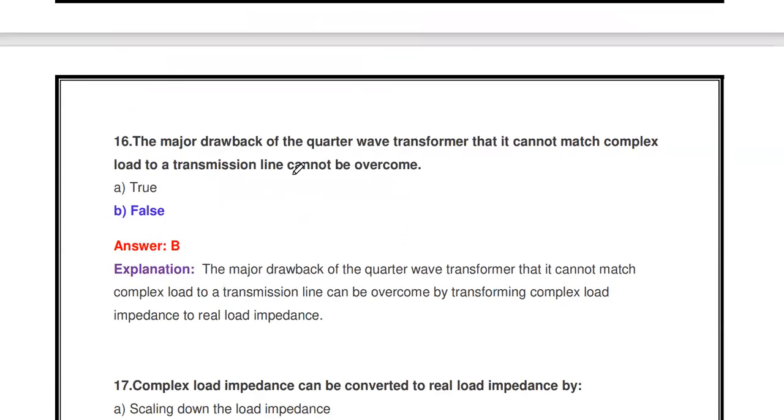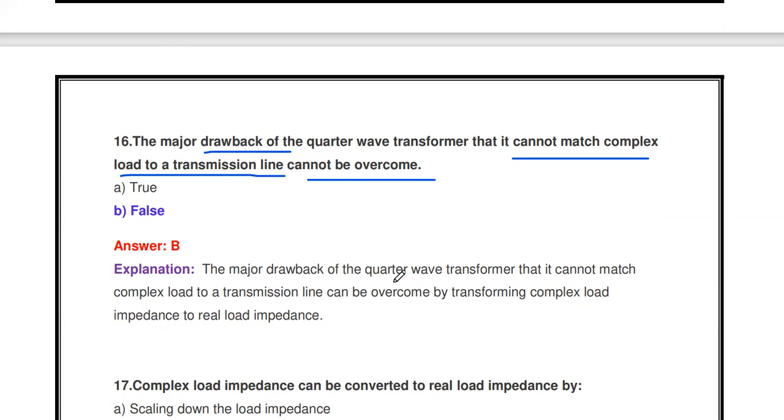Then the next thing, the major drawback of the quarter wave transformer is that it cannot match a complex load to a transmission line. Can it be overcome? Yes, it can be overcome, so the statement that it cannot be overcome is wrong.